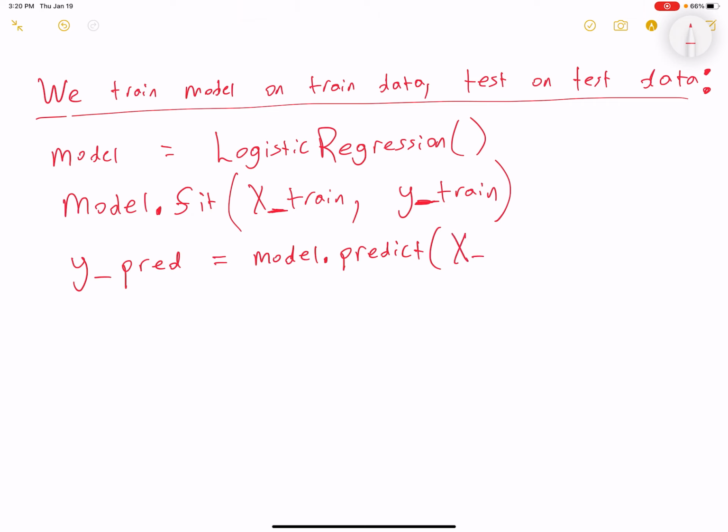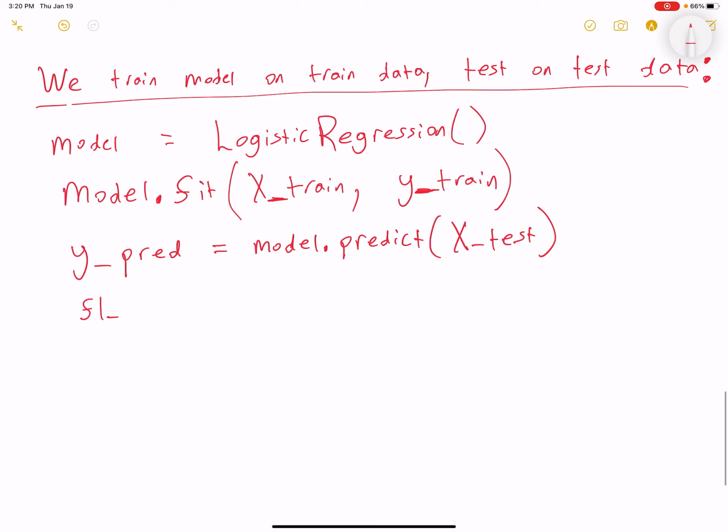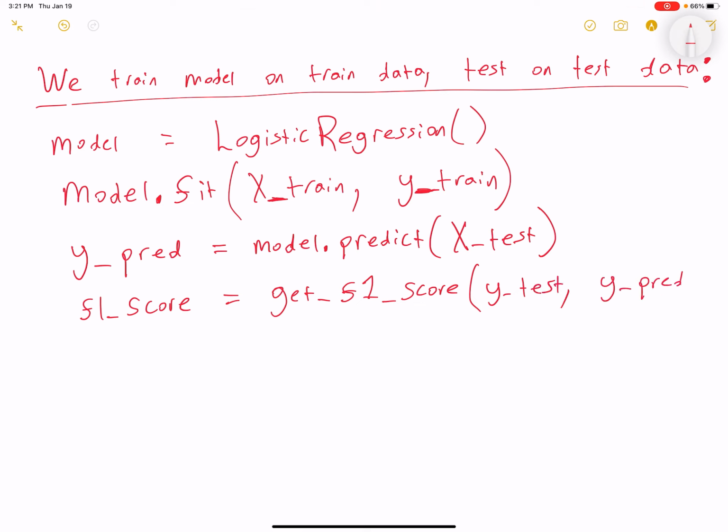with our test data. And then to evaluate the model, let's say we want to get F1 score, which we just learned about. You might say the F1 score, and there's literally a function. Actually, I don't know if it's exactly called F1 score, but a function that does this, that will take the true value and the predicted value and give you the F1 score.